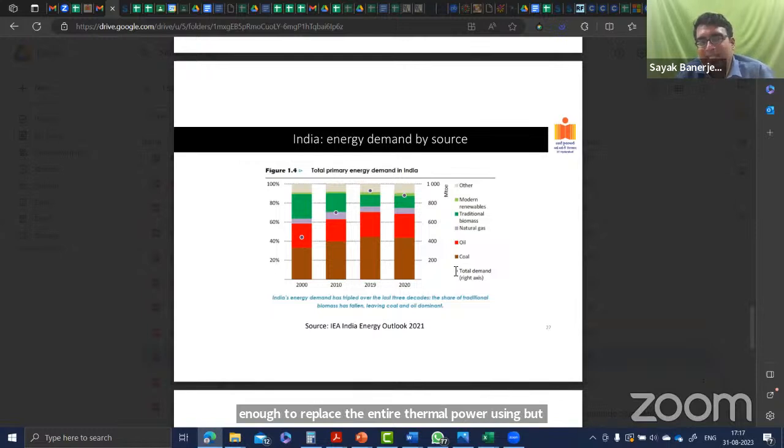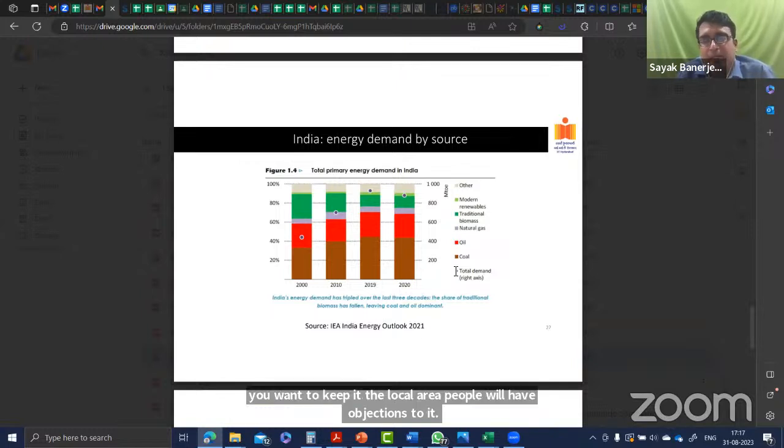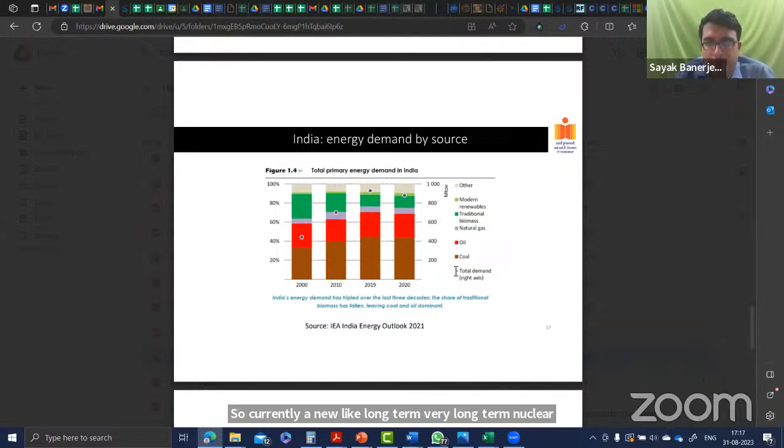But of course, as you pointed out, there is a problem with nuclear waste, and nuclear waste handling is a very controversial area. How to safely handle it, where to keep it, and wherever you want to keep it, the local people will have objections. So very long-term nuclear waste storage is still a controversial and environmentally problematic issue.